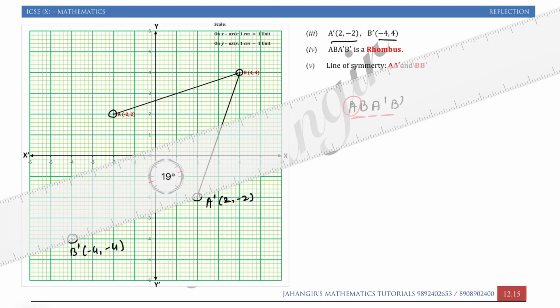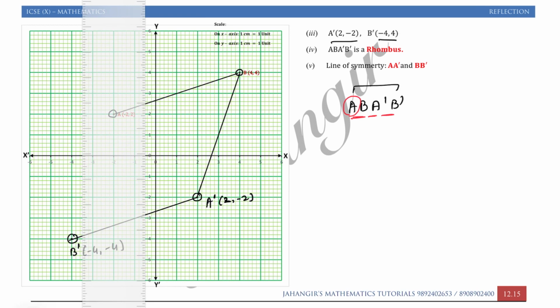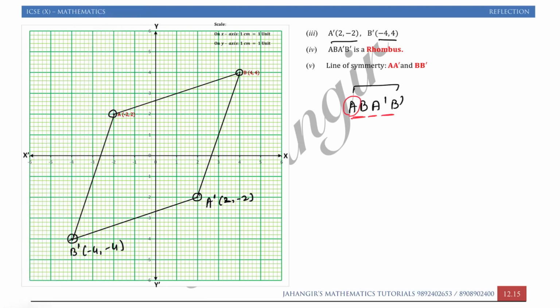Keep the scale properly and draw. And then last, the first and last point should be joined. Okay, this is my diagram.